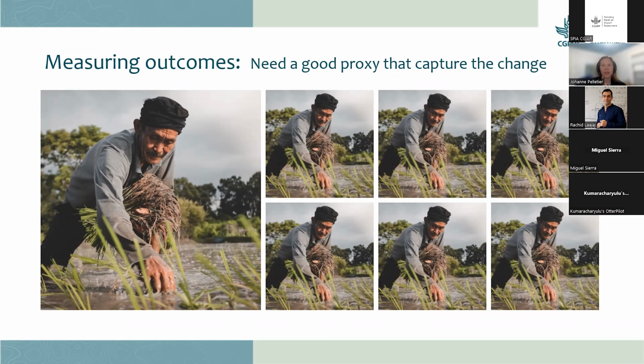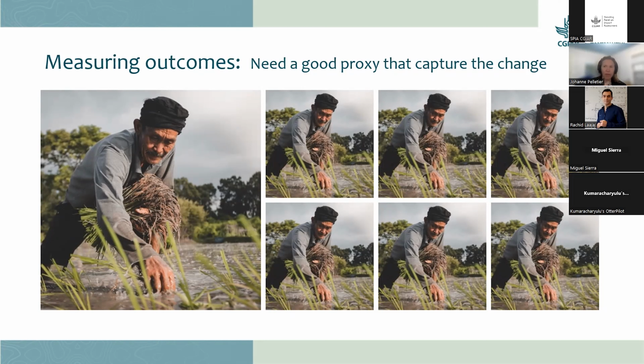So you want to find a proxy variable that has a very close correlation with the outcome of interest. That's why often for mapping yield, people will use NDVI or other vegetation index.